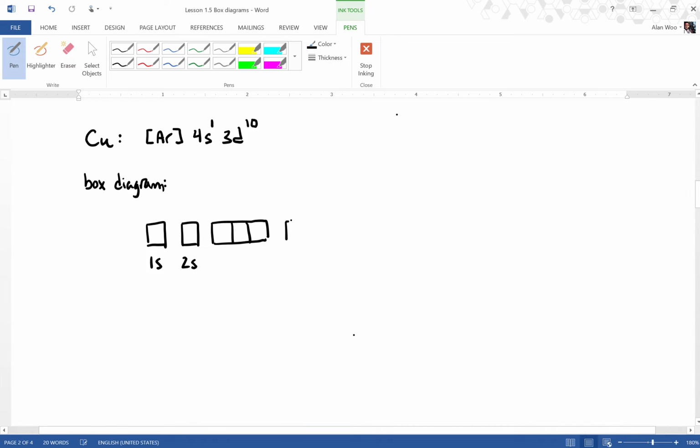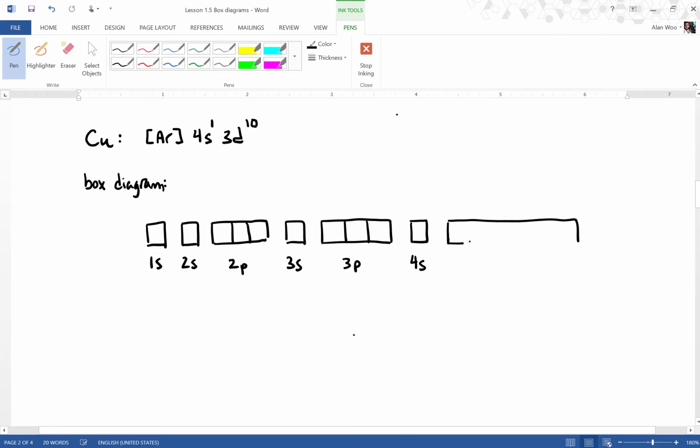Then you go through the 3p's, like this. Then 4s. And then you have your first set of d's, which are the 3d's, and it has 5 boxes.